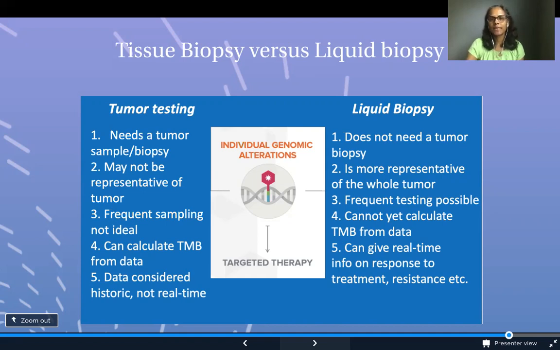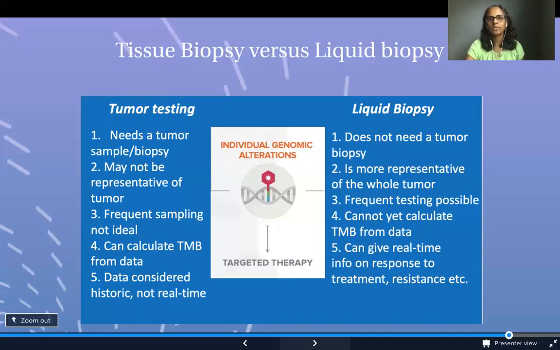Serial liquid biopsy testing can give you real-time info on response to treatment. So for example, if you did a liquid biopsy before you started treatment, and then you got on a targeted therapy like EGFR inhibitors, or if you have a BRAF mutated tumor, then you are on targeted therapy against the BRAF mutation, then over time, if the tumor starts overgrowing, you can do another liquid biopsy and see what the mutations are.